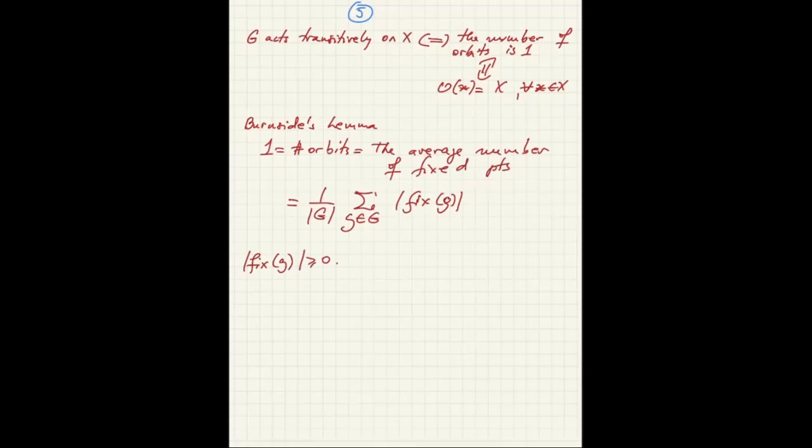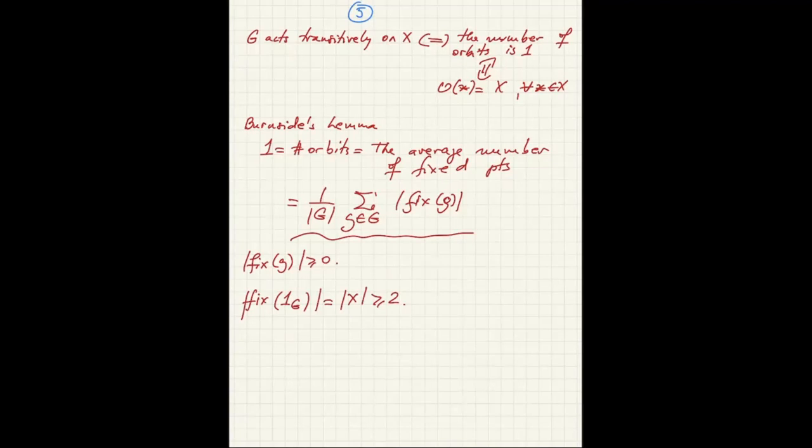And what else do we know? Well, there's one element, the identity element of G, that fixes everything. So its fixed-point count is the cardinality of X, which is greater than or equal to 2. So we have an average of non-negative integers that equals 1.